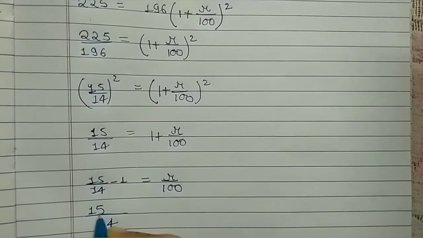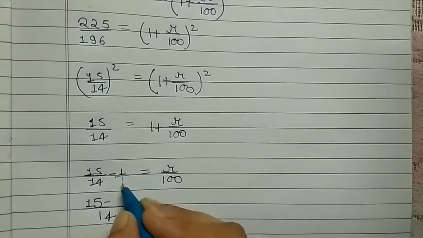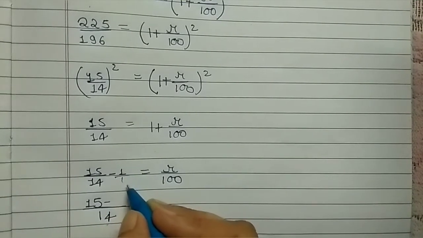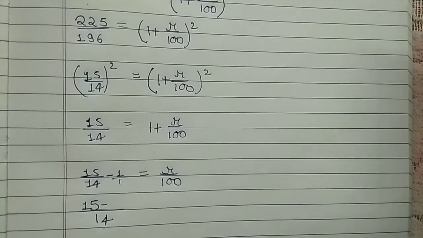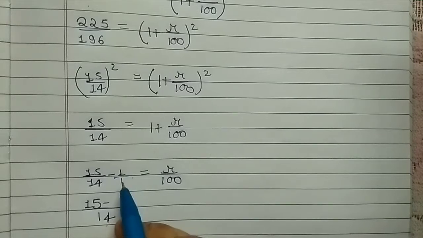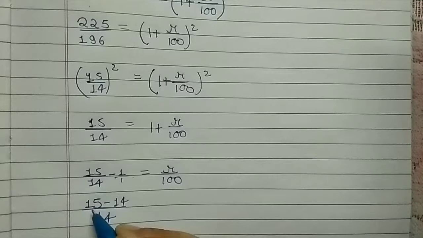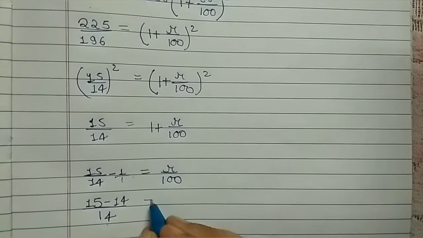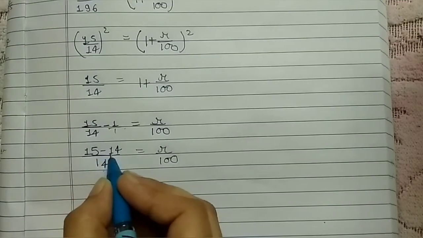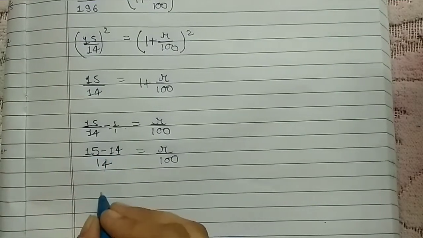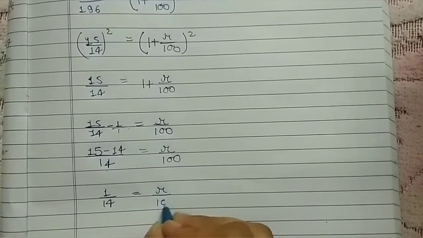Here 15 will remain same minus. When there is no denominator given, it means there is 1. We have multiplied 1 with 14. So we get denominator as 14. So we will multiply this one in the numerator also with 14. And we will get 14. 15 minus 14 upon 14 equal to R upon 100. After subtracting it, we will get 1 upon 14 equal to R upon 100.